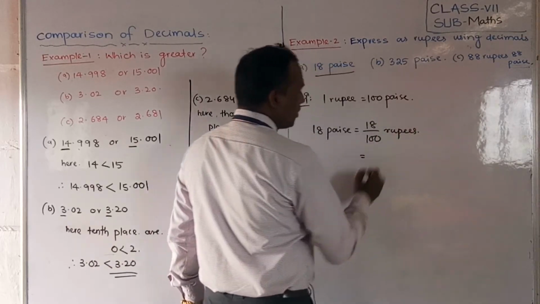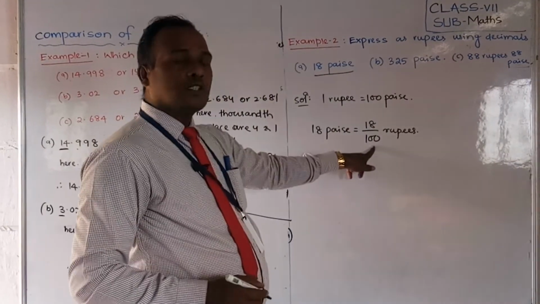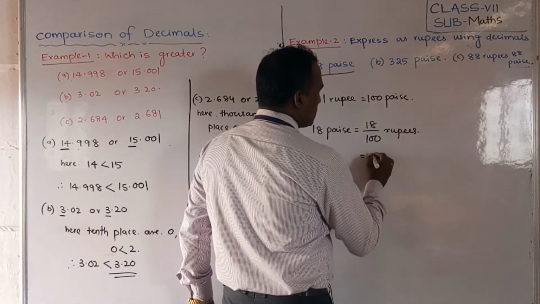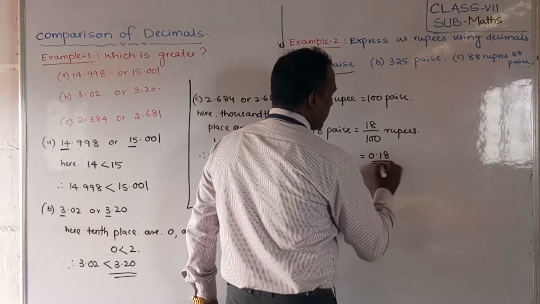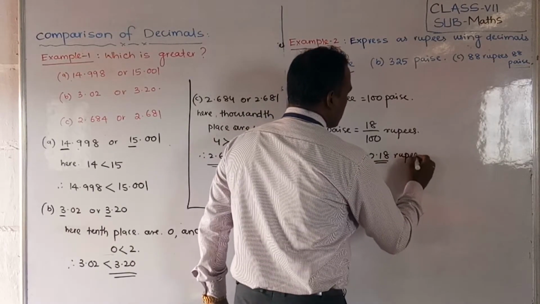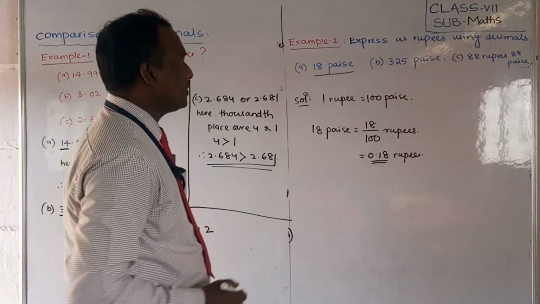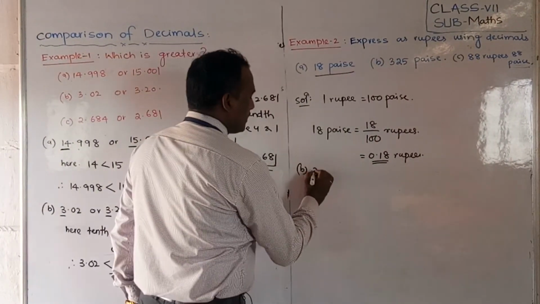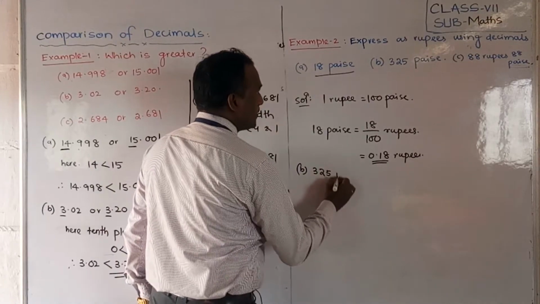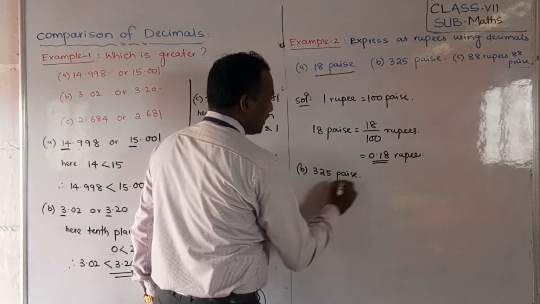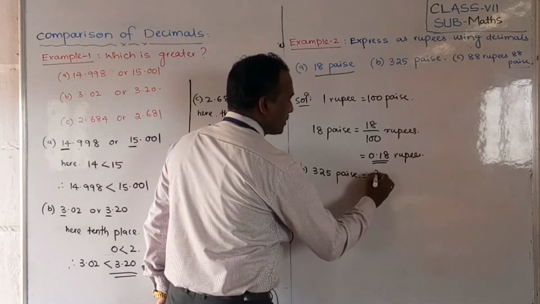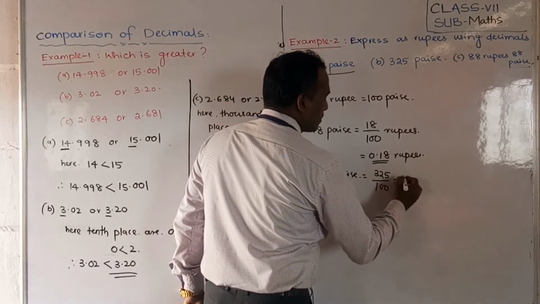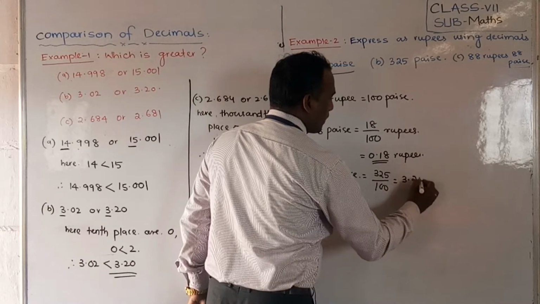If any fraction has a denominator of 100, then we have to make it a decimal number. That means 0.18 rupees. Okay. Next, same way we can go for B. What is that? 325 paise is equal to, what can you write? 325 by 100 is equal to 3.25 rupees.